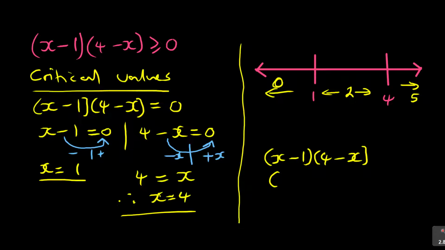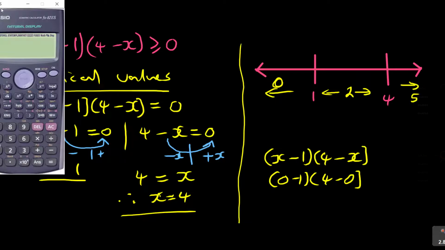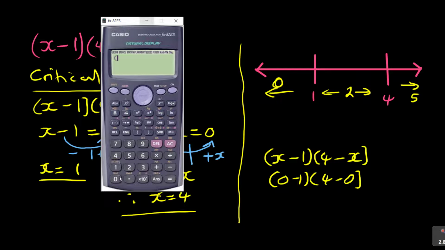So it's 0 minus 1 and 4 minus 0. Remember, x is 0. If I do that, let me see what my calculator will give me. Now, what are you expecting to be? Just look at this. So bracket 0 minus 1 and 4 minus 0 equal to negative 4. So this is negative 4.